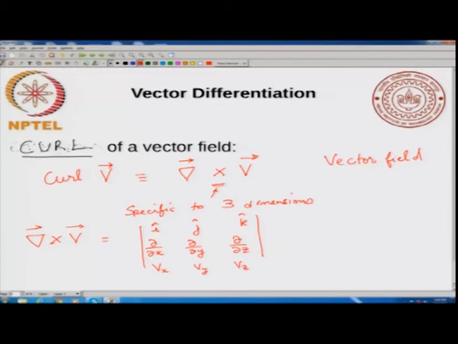And usually curl, if you have a vector field, tells you about the rotational properties. So if you have a vector field that looks like various arrows pointing in different directions, on my xy axis, then the curl refers to the rotational properties of this vector field.